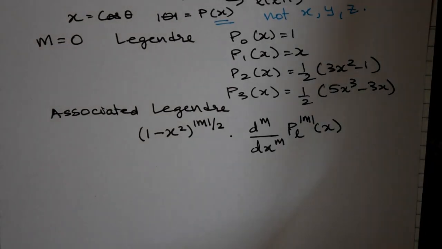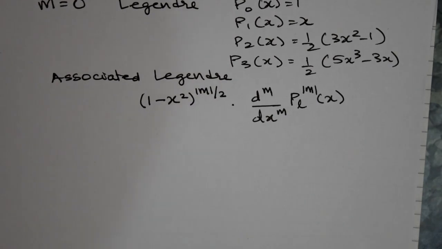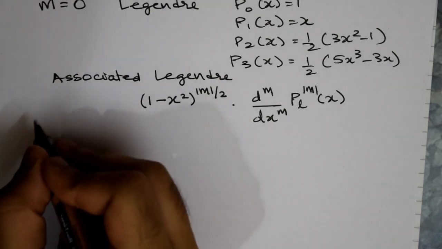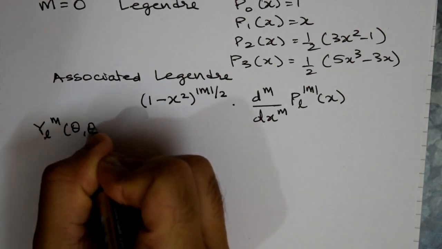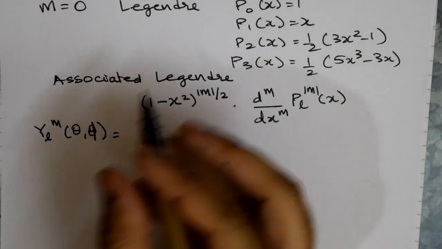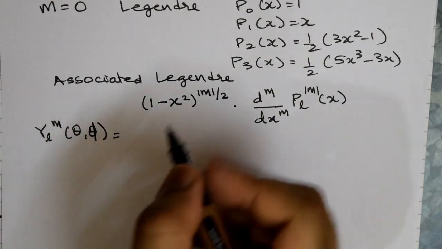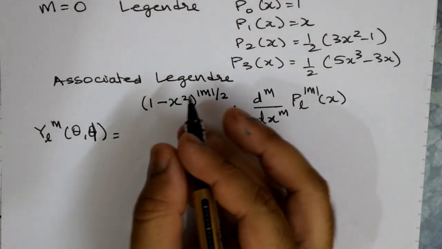While we solved it, the solution we finally came up with is the spherical harmonics Y_LM, with the two quantum numbers L and M, as a function of theta and phi.